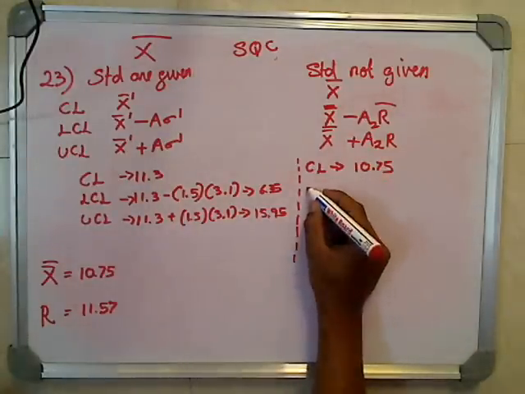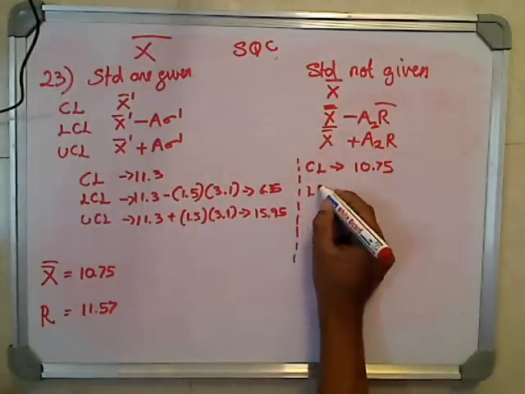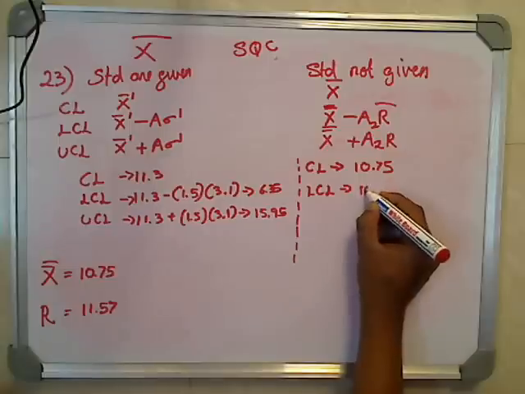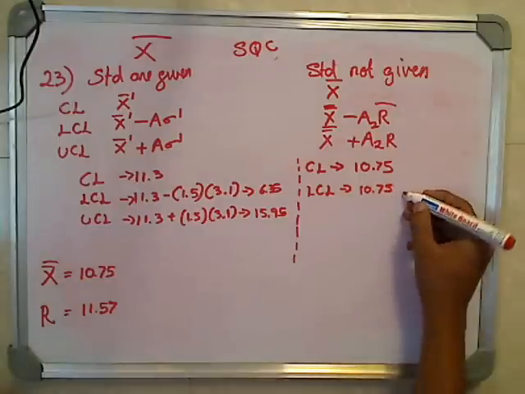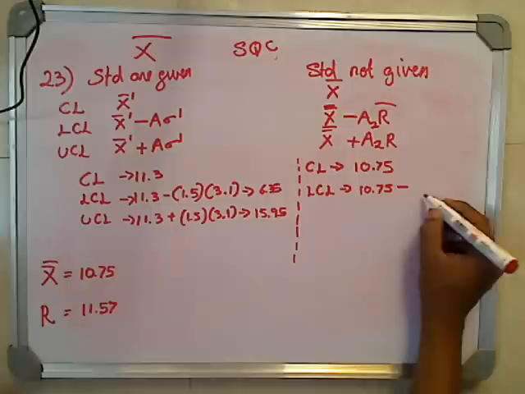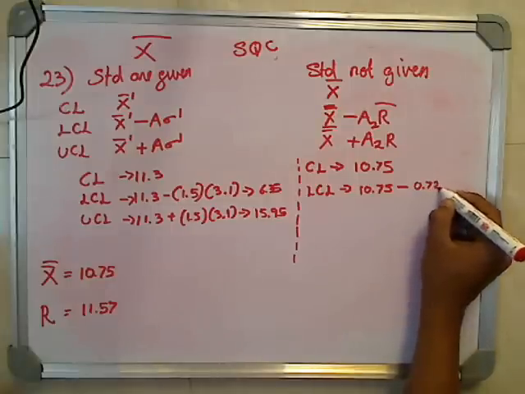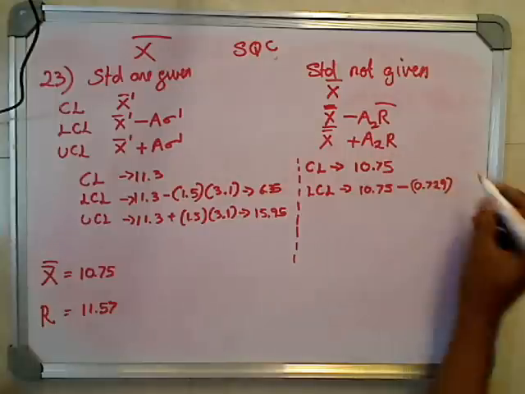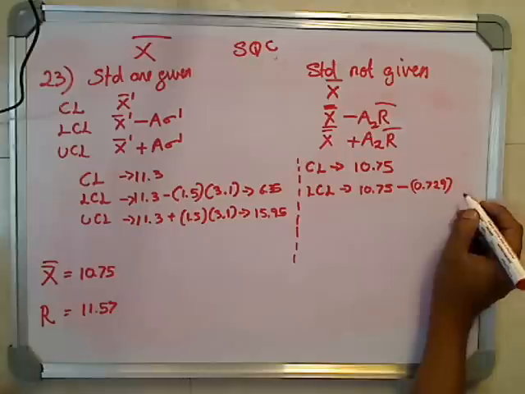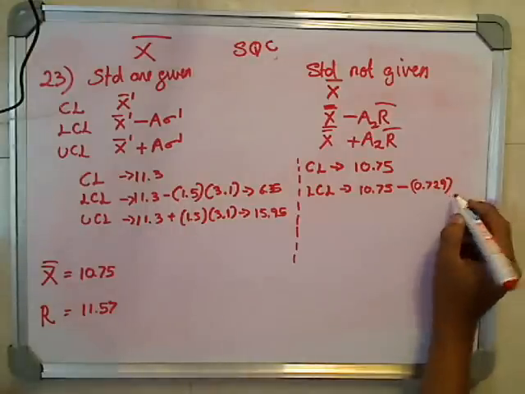Okay, the next thing, the lower control limit, 10.75 minus A2, remember the value of A2, it's 0.729 multiplied by R, the value of R here is 11.57.